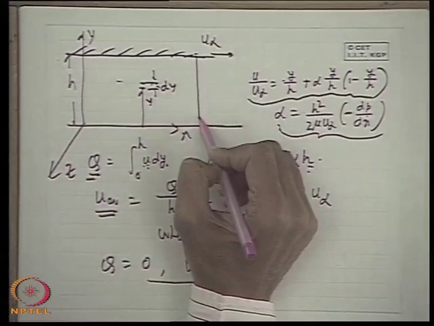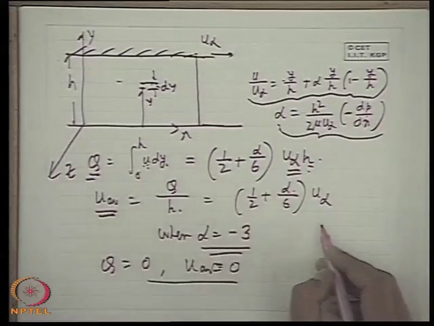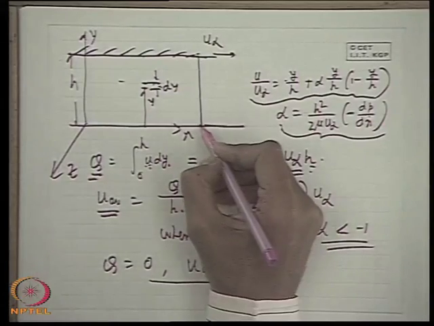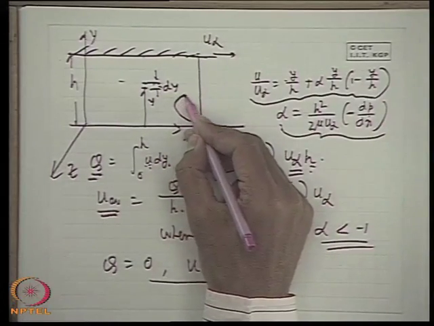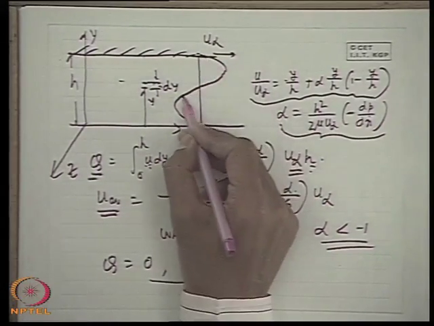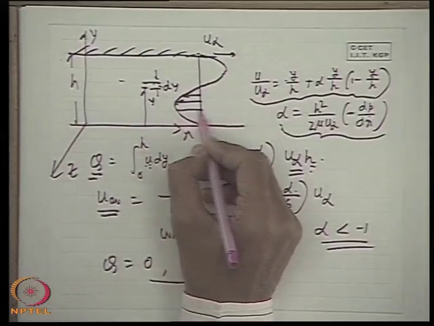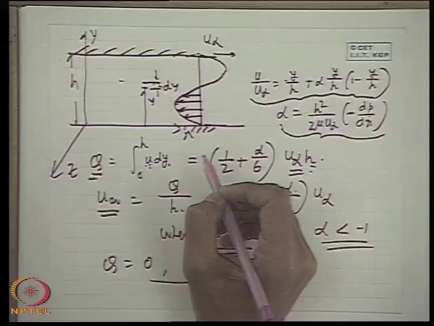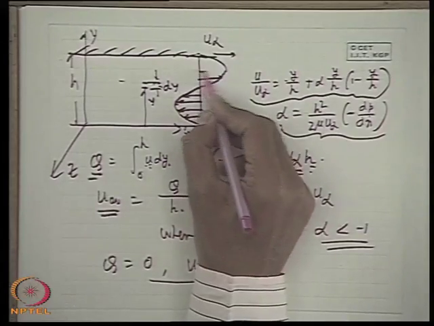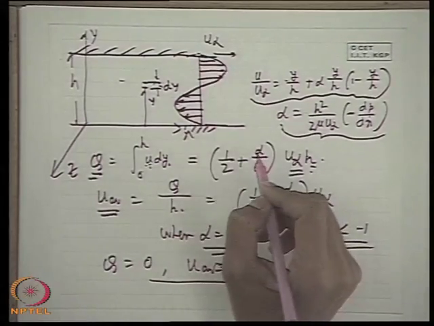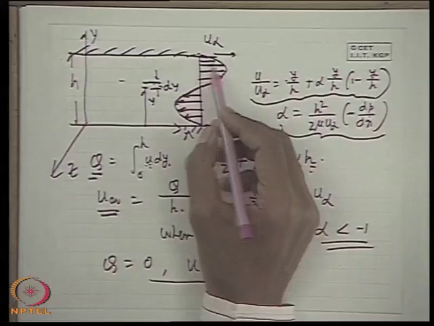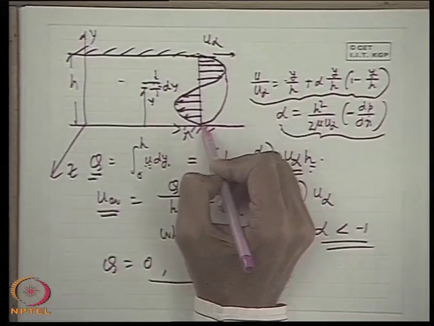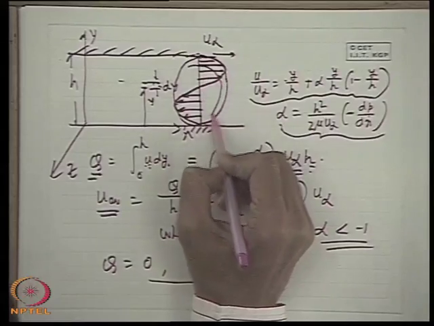At any cross section, we have seen that when alpha is less than minus 1, flow reversal takes place. So for alpha equal to minus 3, there is a flow reversal zone extending to a distance from the lower or fixed plate, and there is a forward velocity zone. These two zones cancel each other, so a local recirculatory flow takes place.